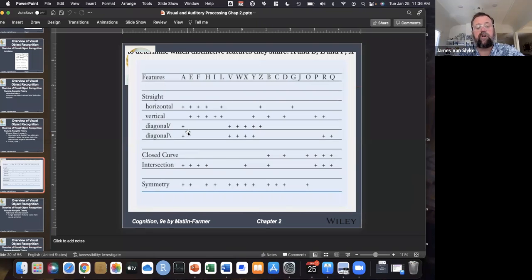Is there a closed curve, or is there any type of asymmetry? Based on the distinctives of each of those letters, that's how we figure out what each of those letters is. And there's a certain amount of empirical evidence that actually seems to suggest that this might be the case.